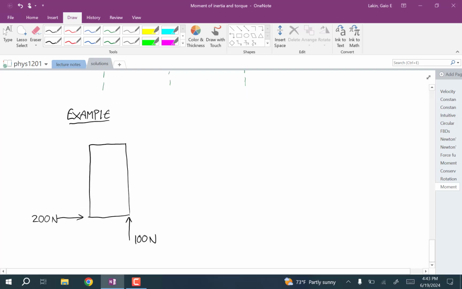And I'll give some dimensions. Let's say that the width is 0.1 meters. And the height is 0.5 meters. And we want to calculate the net moment or the net torque.